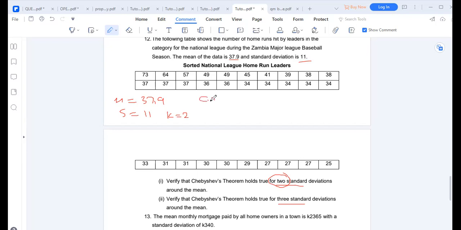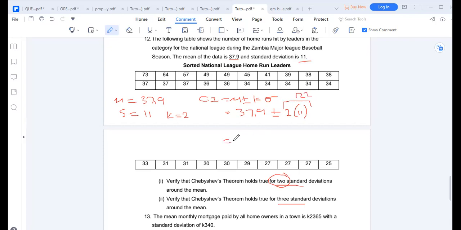The confidence interval is mu plus or minus k sigma. Our mean here is 37.9, our k is 2, and our standard deviation is 11. So this part here is 22.